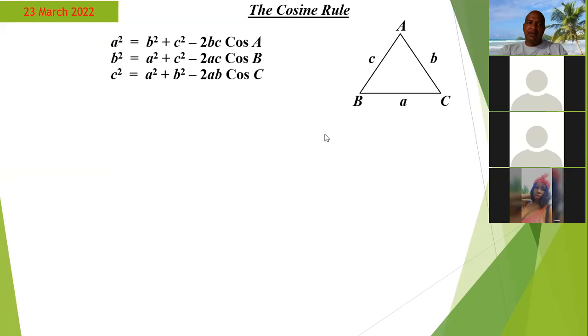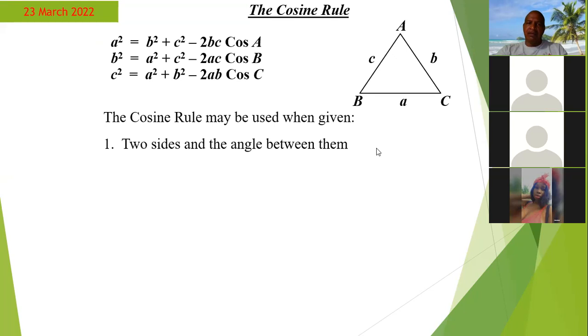So if you know the following conditions, you can use any of these rules. The conditions for the cosine rule: the cosine rule may be used when, first condition, you have 2 sides and the angle between the 2 given sides. Here you're given the side a, you're given the side b, and between those 2 sides you have the angle alpha. Once you have this condition, you can apply the cosine rule. Is that clear with everybody?